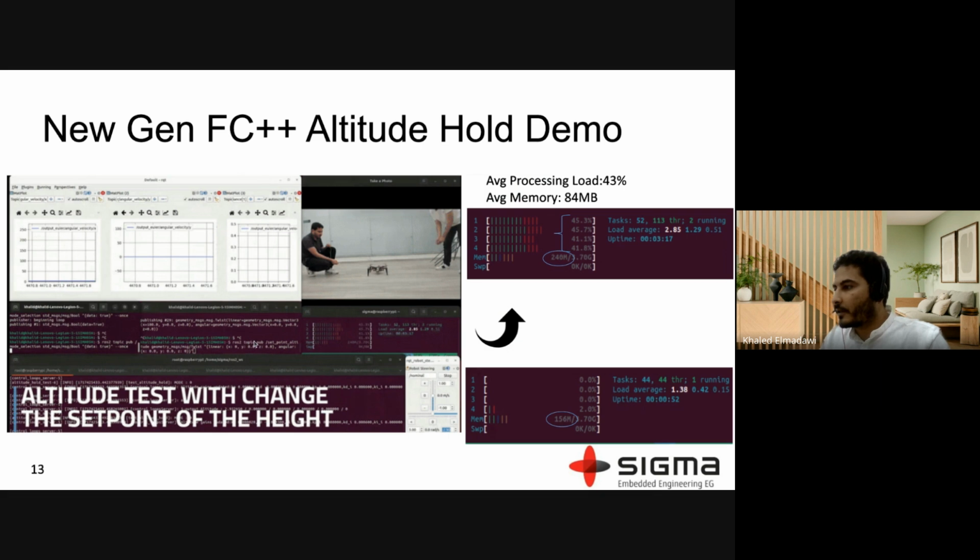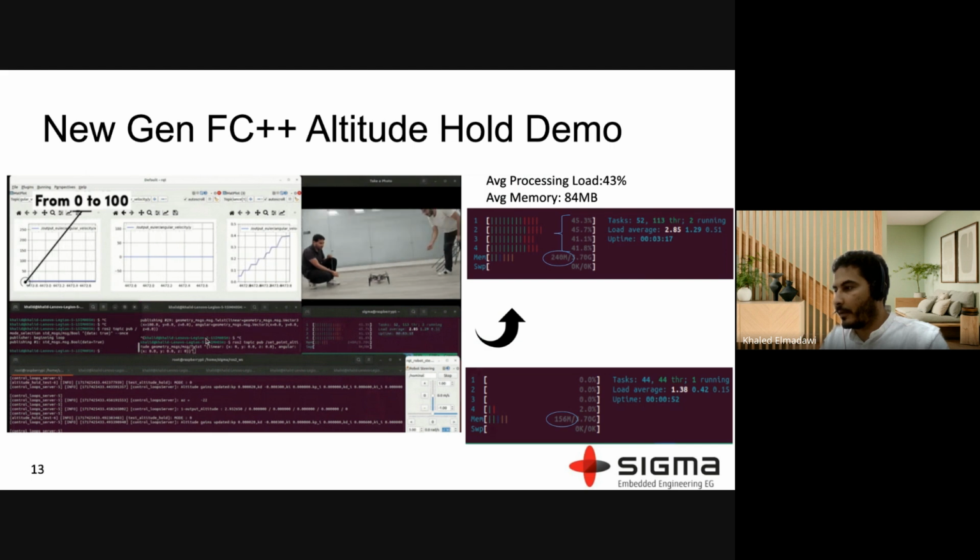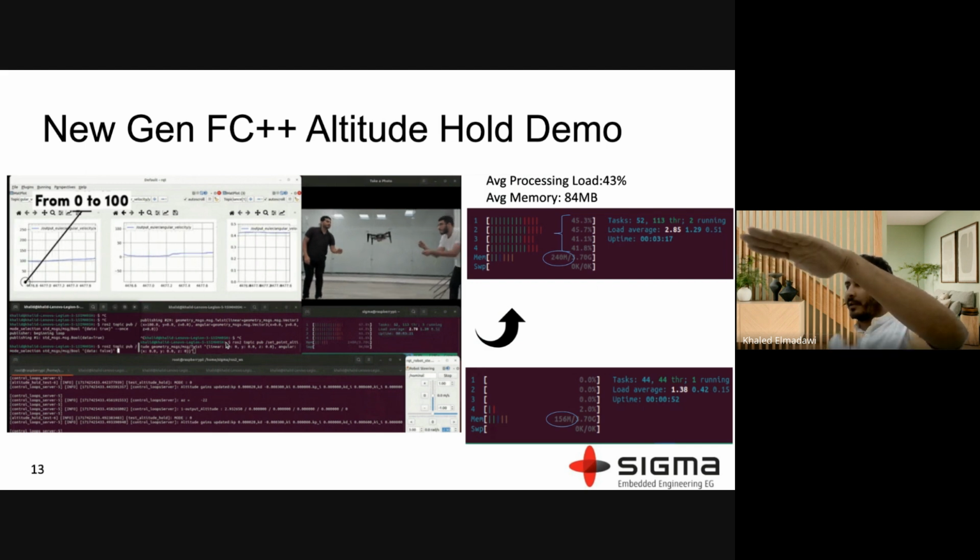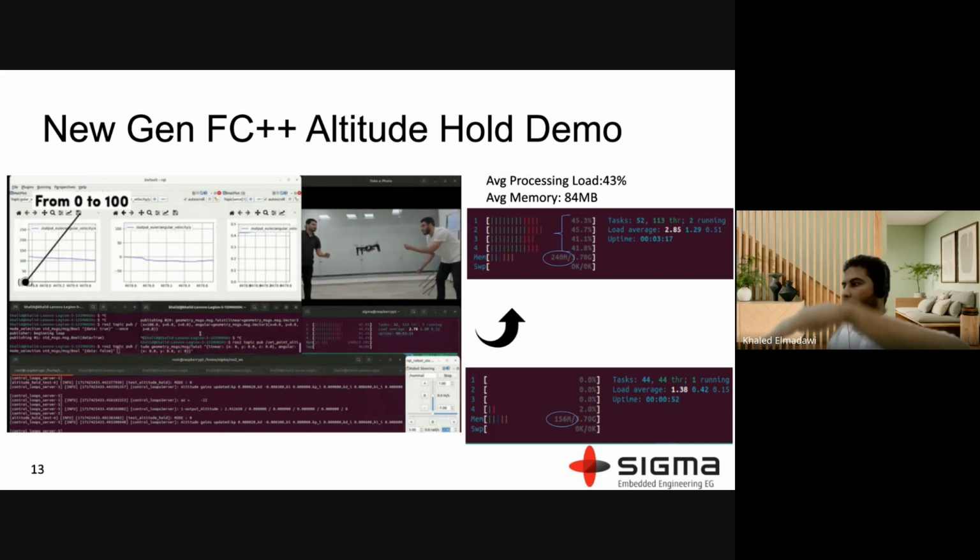And this demo is an autonomous altitude hold. We give it an altitude with a command here, and then it just hovers and holds the altitude.